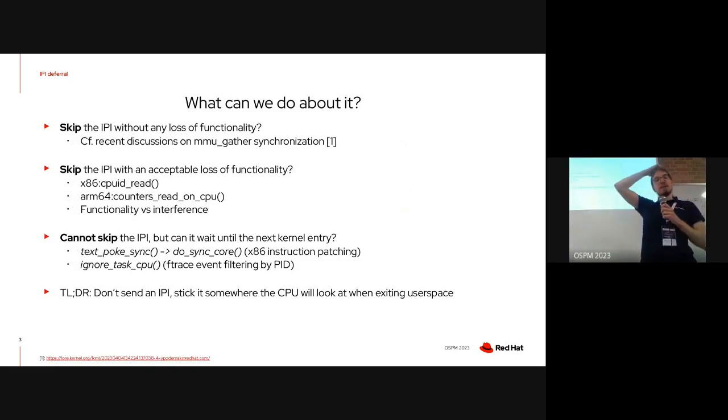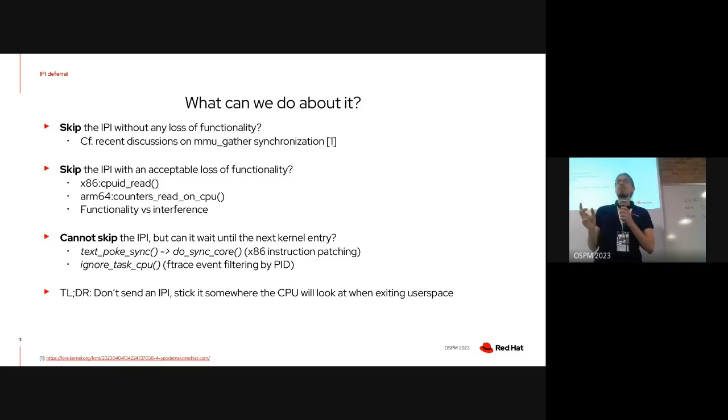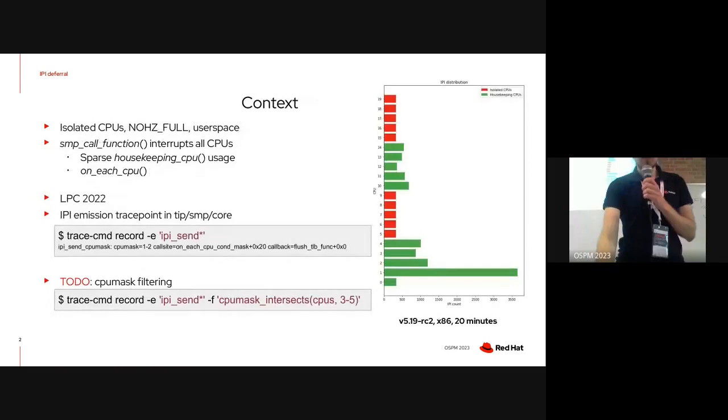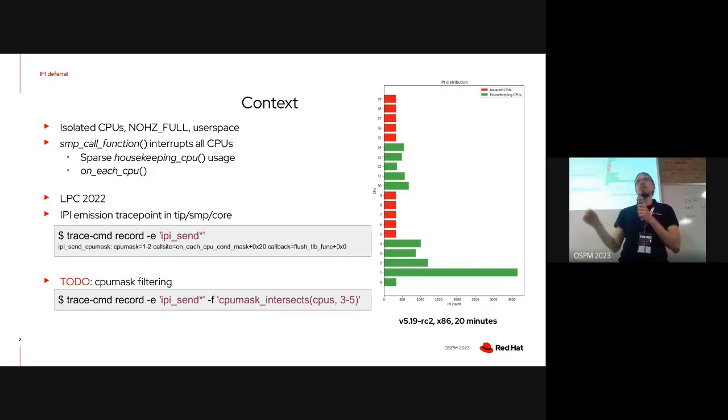So those IPIs that are hitting no hertz full isolated CPUs, what can we do about them? The ideal is we look. What I was seeing here was mostly instruction patching on x86, where whenever you start poking at the instruction, you then send a series of IPIs as you're doing it to flush the instruction context, and TLB flushes.